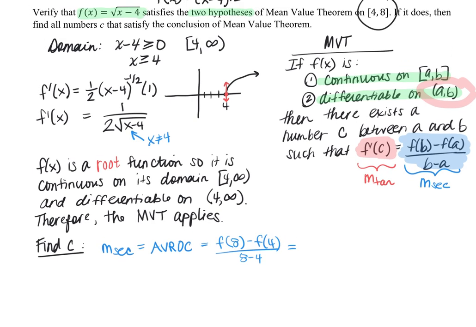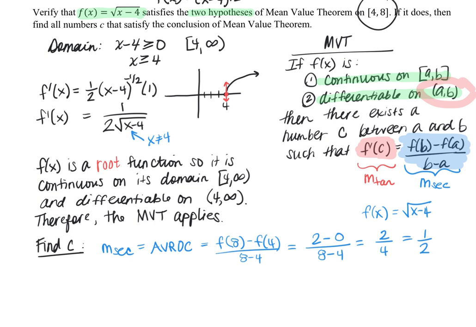So we're using the original function, f of x is equal to the square root, I'll write it over here for reference, square root of x minus 4. So if we plug 8 into this function, 8 minus 4 is 4, and the square root of 4 is going to be 2. If we plug 4 in, 4 minus 4 is 0, square root of 0 is 0. So we're going to have 2 minus 0 divided by 8 minus 4, or 2 divided by 4. So the slope of that secant line is 1/2.